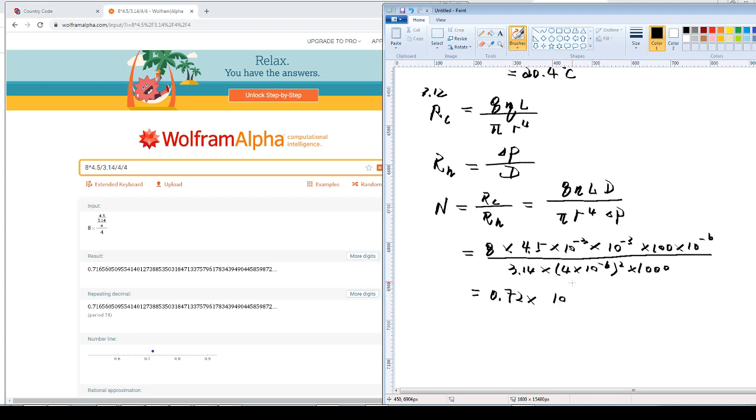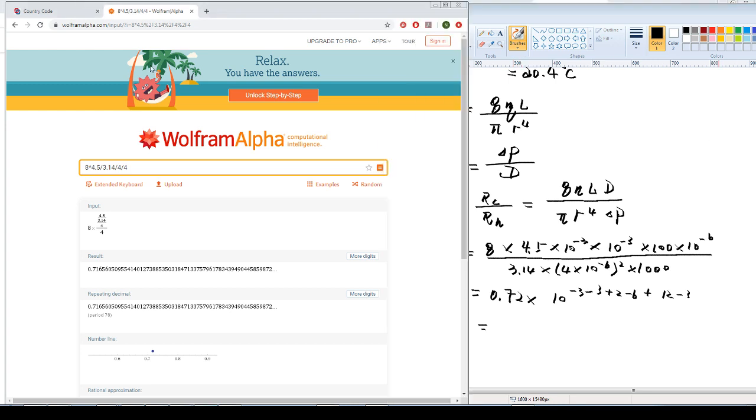All the exponents will give me 935 to the minus 1. Wait a second, that's not right.